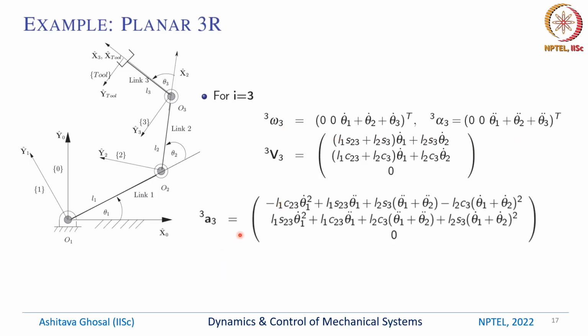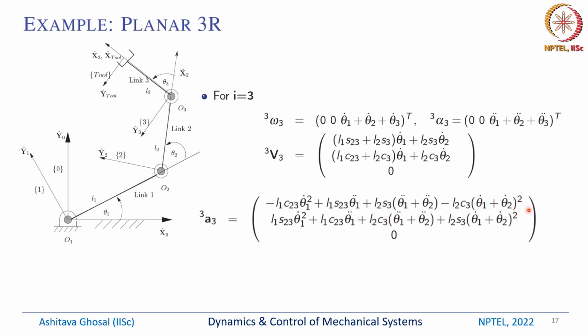The acceleration of this third link, the origin of the third link, is much more complicated. So now you can see that you will get some θ1 dot square, you will also get some θ1 double dot, you will also get some θ2 double dot, and you will also get some θ1 dot plus θ2 dot whole square.